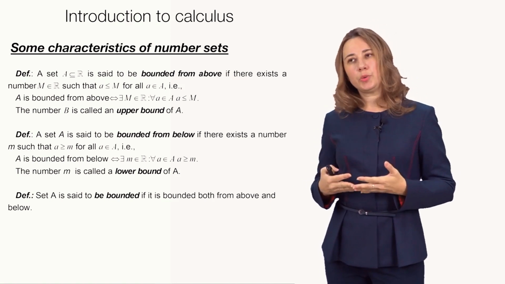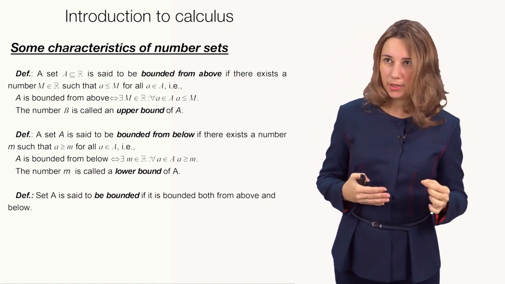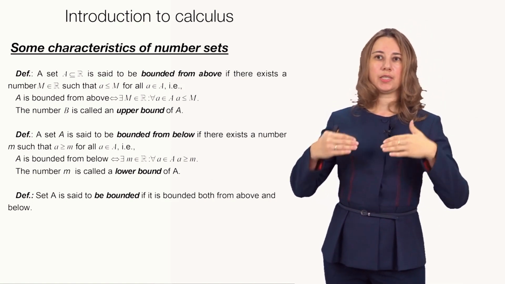The existential quantifier is the backward letter E, capital E. The universal quantifier looks like the upside-down letter capital A.